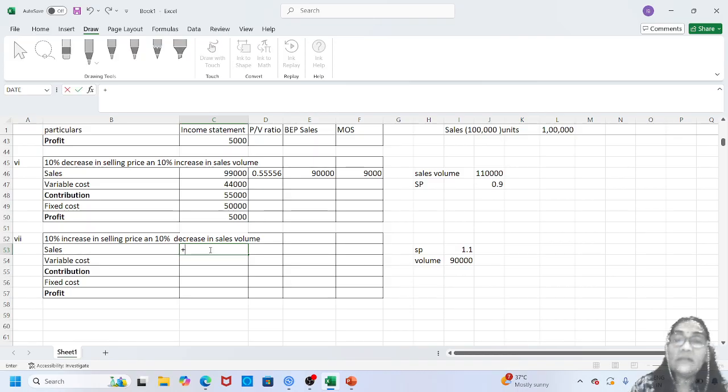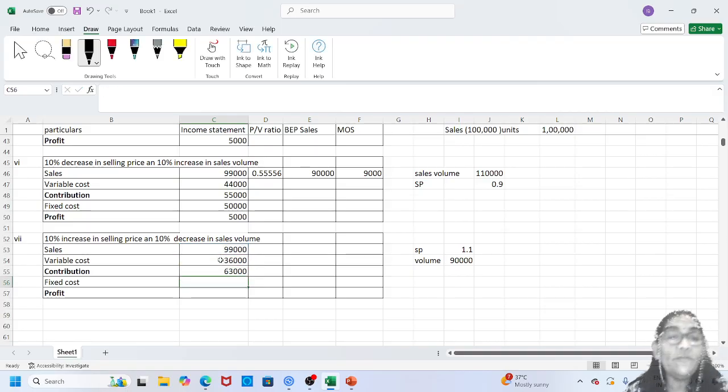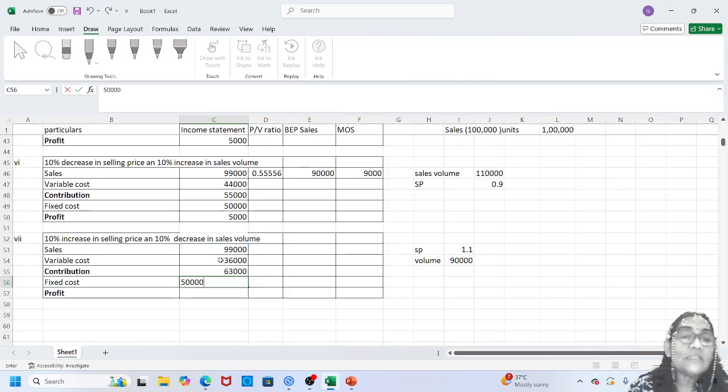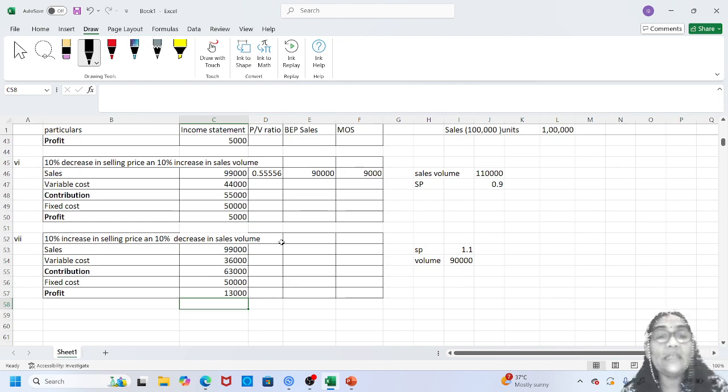So sales here is going to be selling price of 1.1 and the quantity 90,000, that is 99,000. Now sales volume has decreased, therefore variable cost is also going to decrease. So variable cost will be 36,000. Variable cost will decrease proportionately, that is 10%. Sales minus the variable cost will give you contribution. Fixed cost is the same, 50,000, and profits will be contribution minus the fixed cost, that is 13,000.